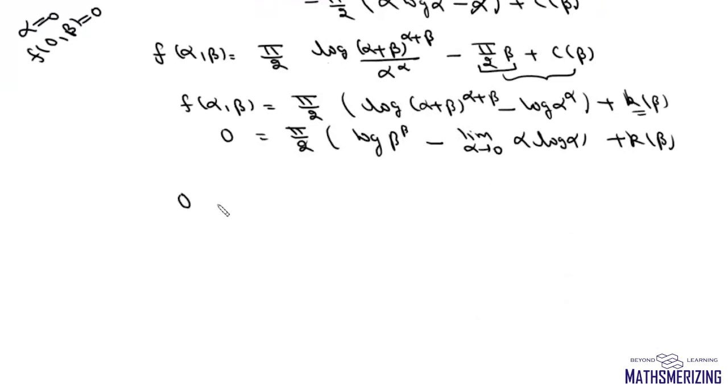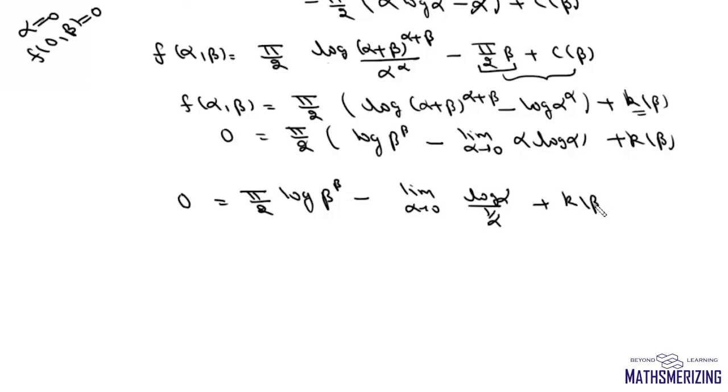So this is 0 equals π/2 log β^β, and then minus, we can write this as limit α tends to 0 of log α upon 1/α, plus k(β).